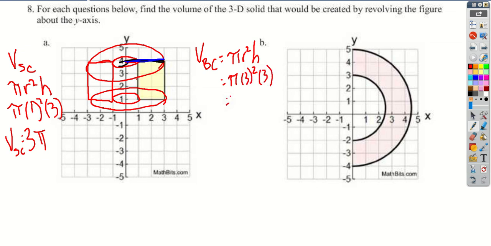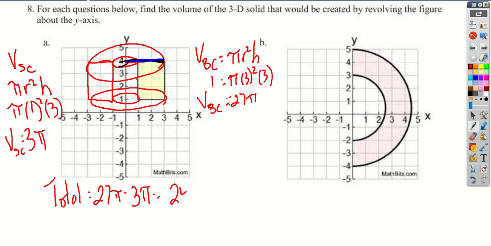So 3 times 3 is 9, times 3 is 27 pi. So that is the big cylinder. And then the total volume is 27 pi minus 3 pi, so that's 24 pi. And once again, that's units cubed if you need it.